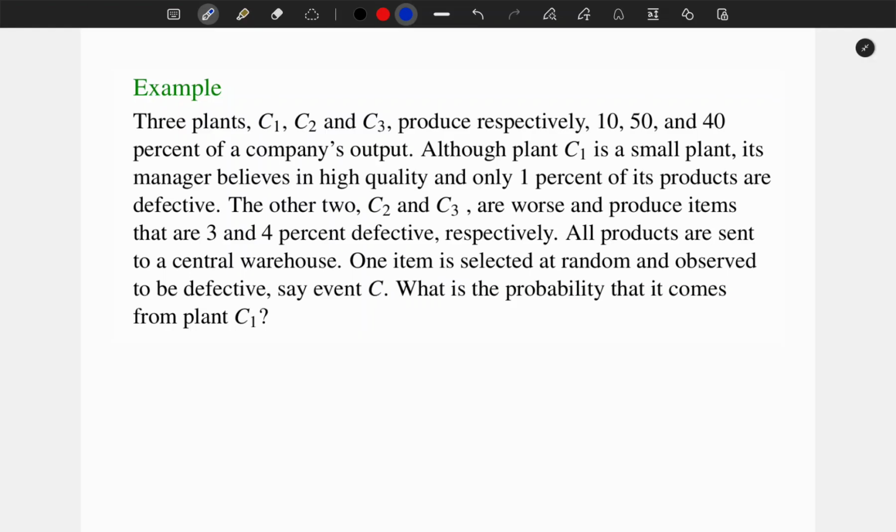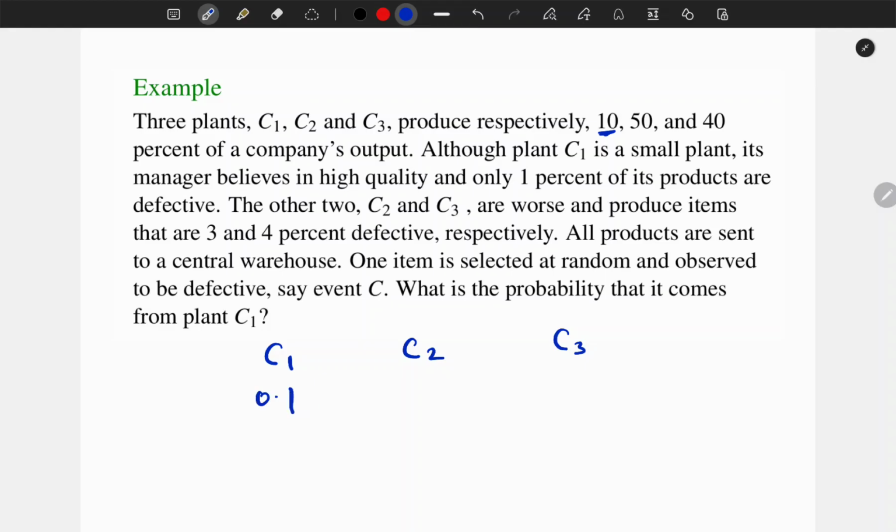So let's check the solution of this. We have plant C1, plant C2, plant C3. For the prior probabilities, for C1 we have 10% of the product, so 0.1.